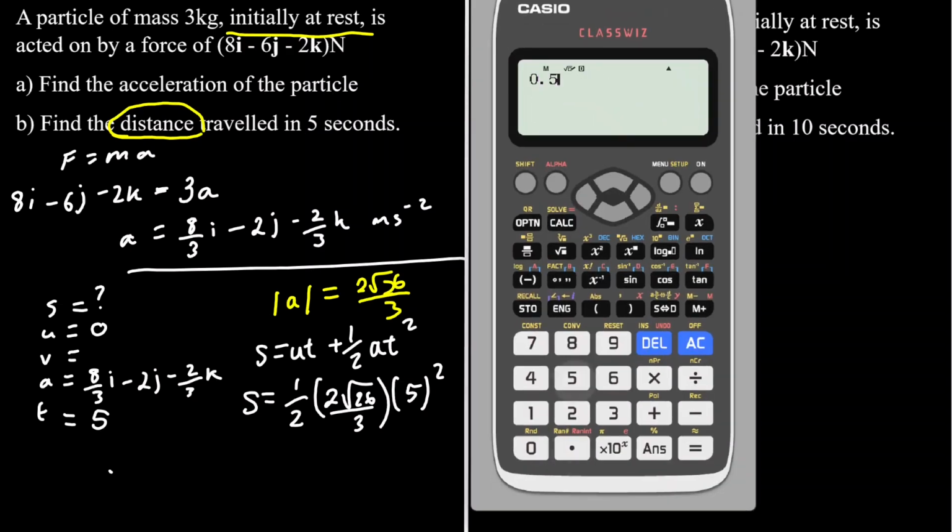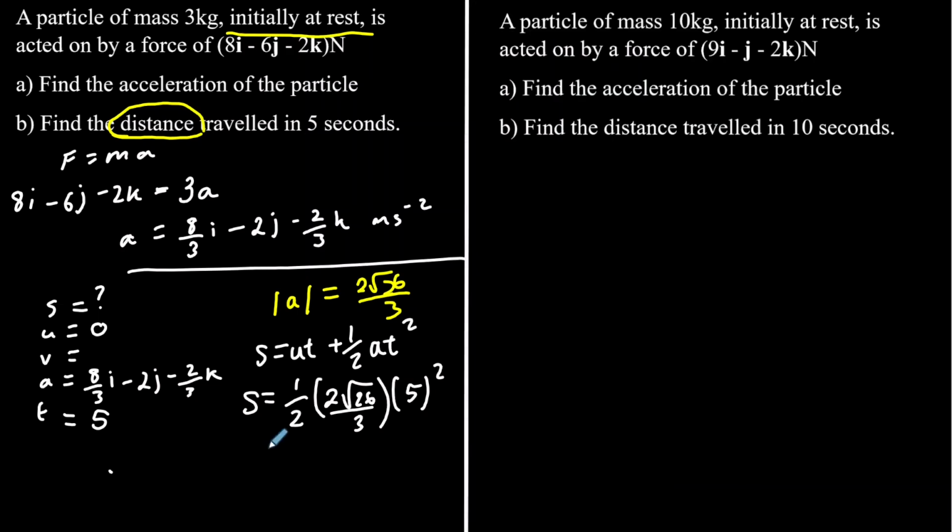So it's half times the answer times 5 squared, 25 root 26 over 3, or to 3 significant figures, 42.5. So 42.5 meters.